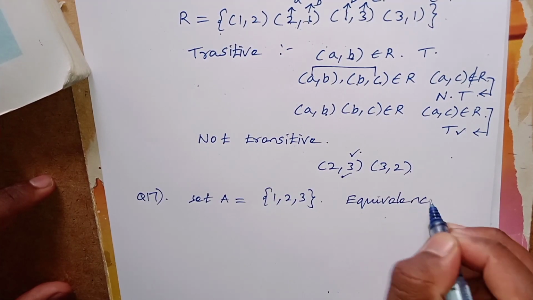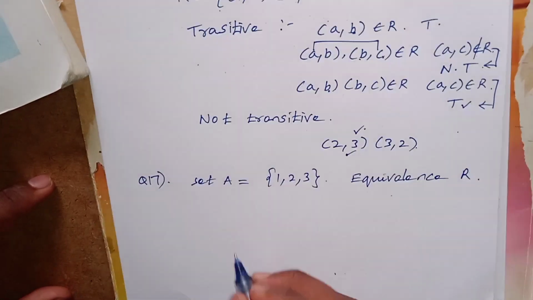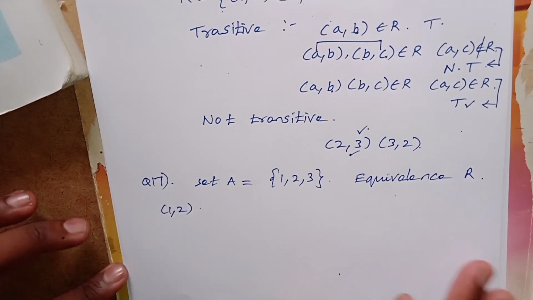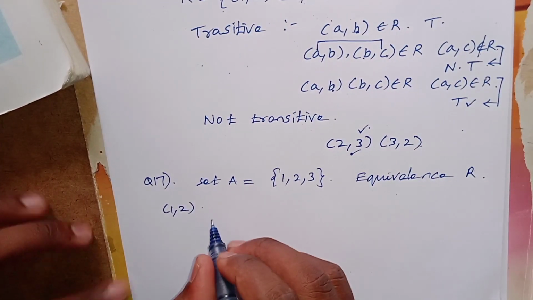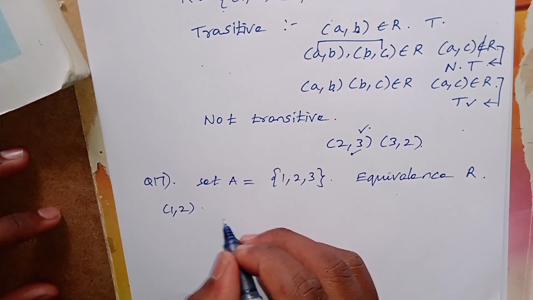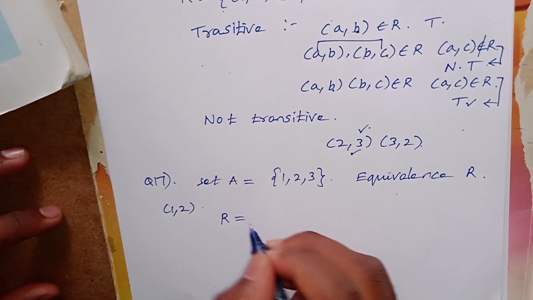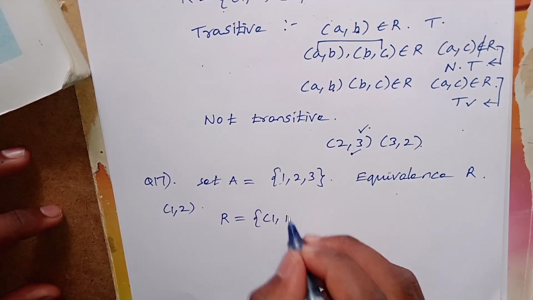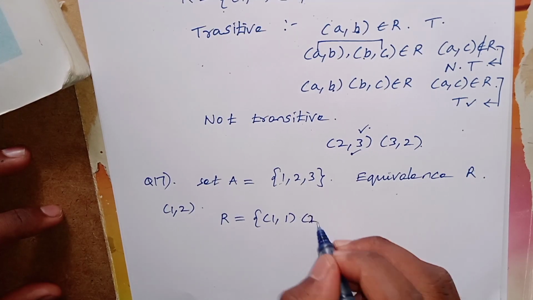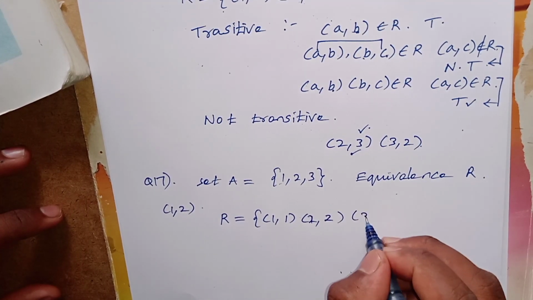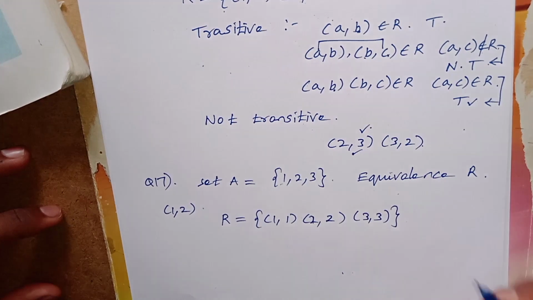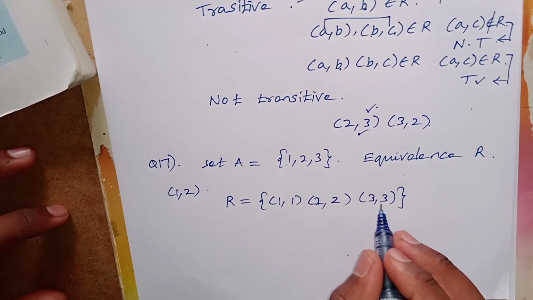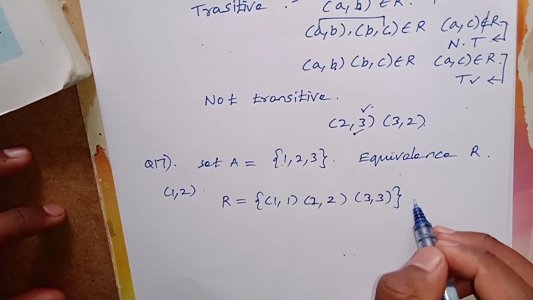For reflexive, every term in set A should have its own identity: (1, 1), (2, 2), (3, 3). Therefore it is reflexive.